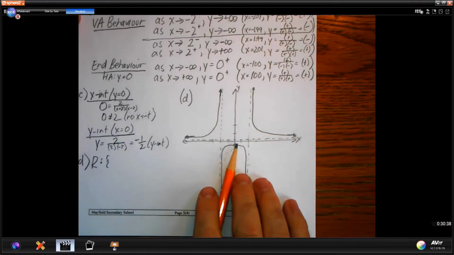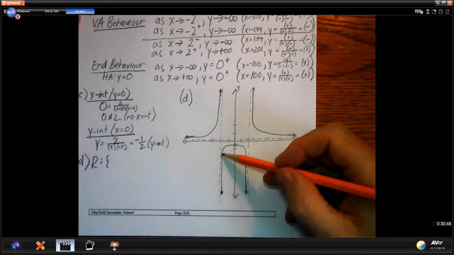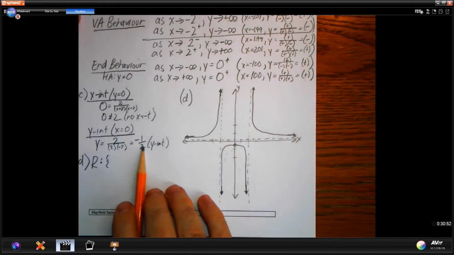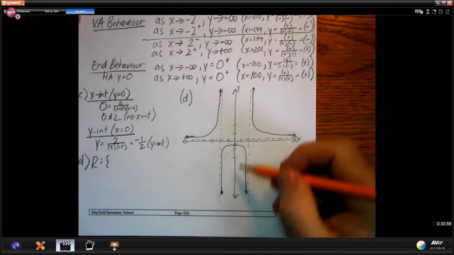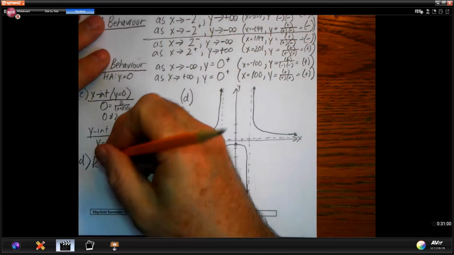So I can definitely say that I'm going to go from negative infinity up to this number here, which we just talked about, that happens to be the y-intercept in this case. So it goes from negative infinity to negative 1/2.